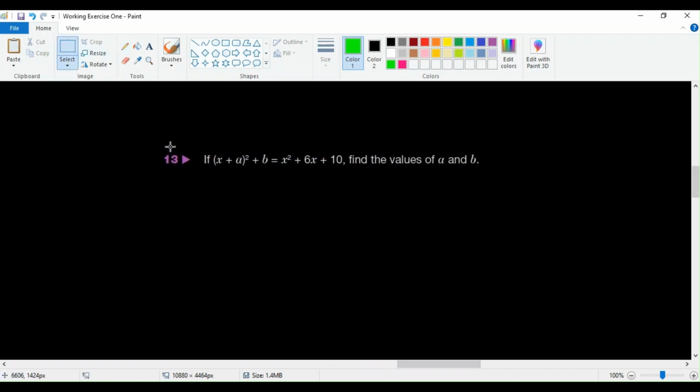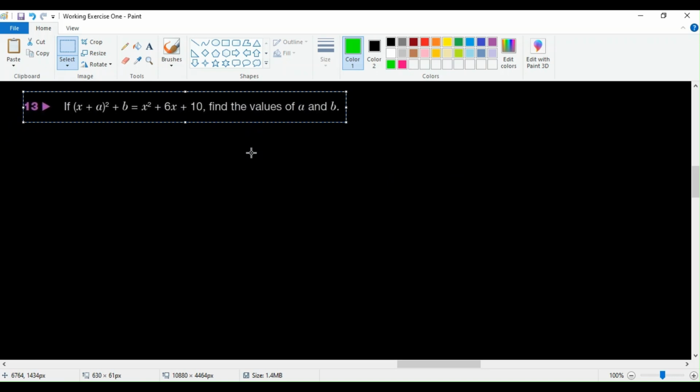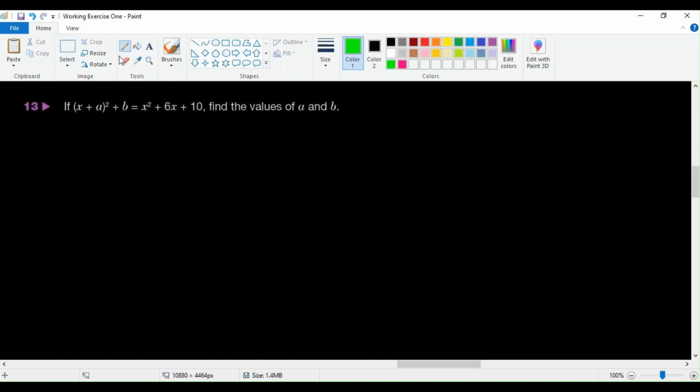I will bring this guy over here. This says if x plus a whole square plus b equals x square plus 6x plus 10, we need to find out the value of a and b.